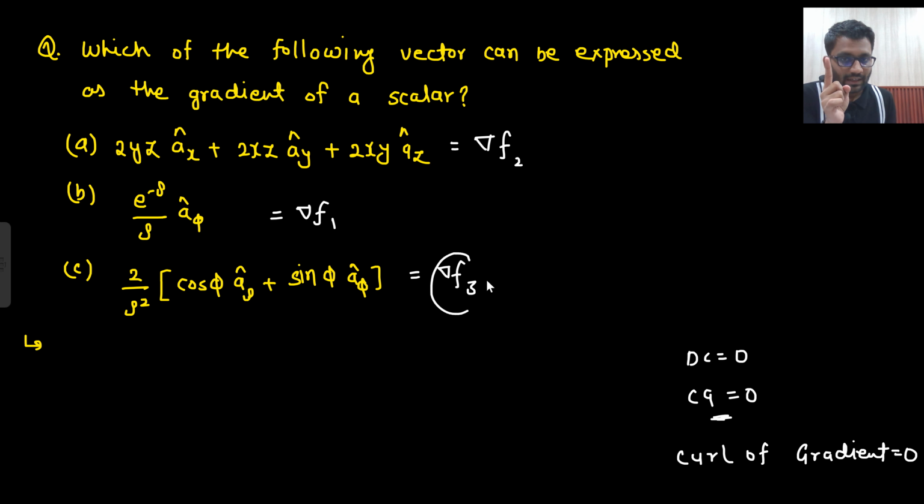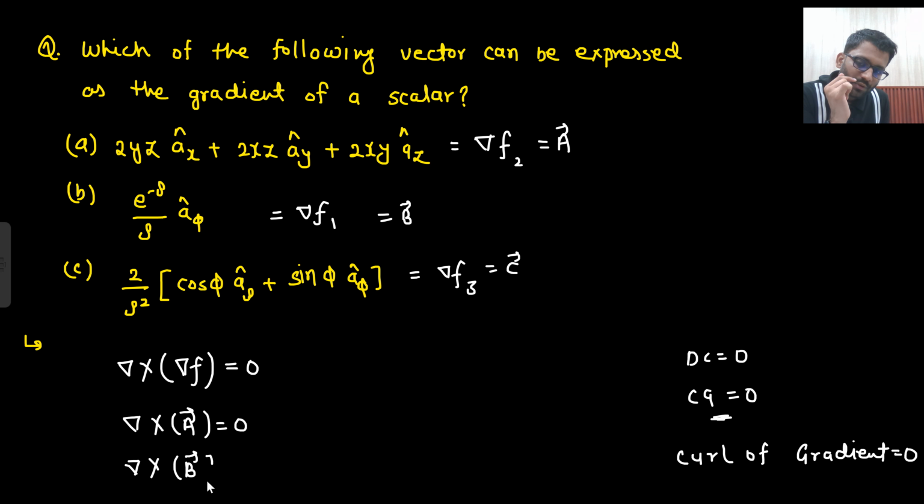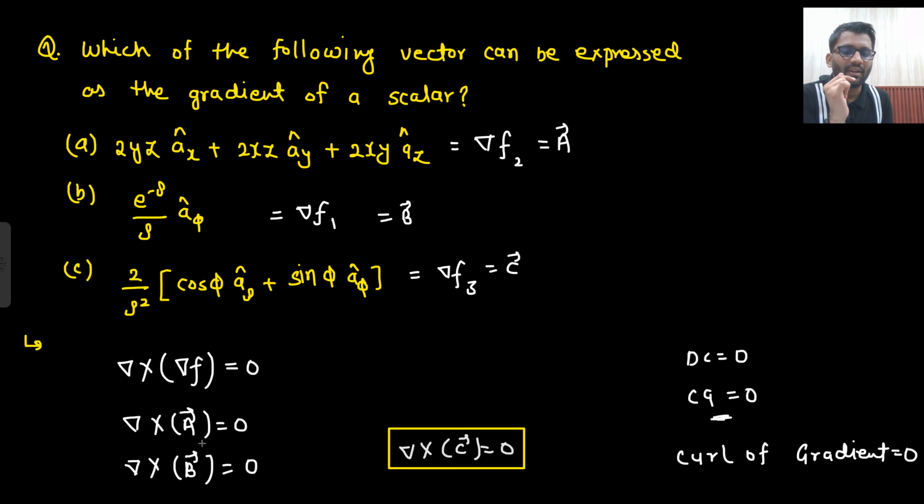If the answer is a gradient, then curl of gradient should be 0. And if I call this vector A, this vector B and this vector C, then curl of vector A should be 0, curl of vector B should be 0, and curl of vector C should be 0. Say yes or no. If they are coming 0, then certainly vector A is valid.